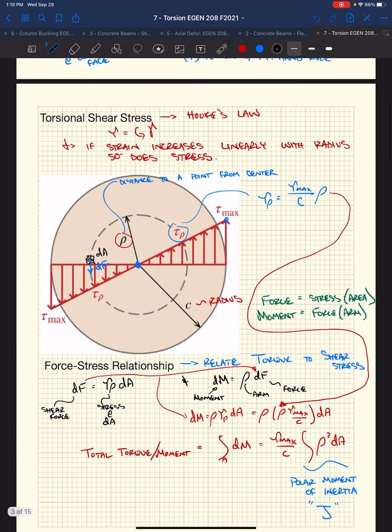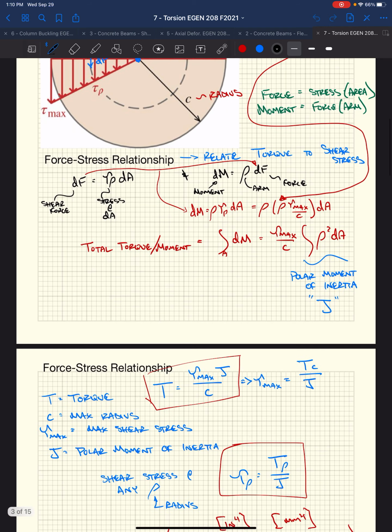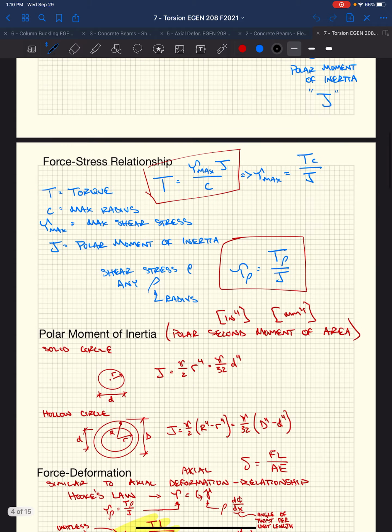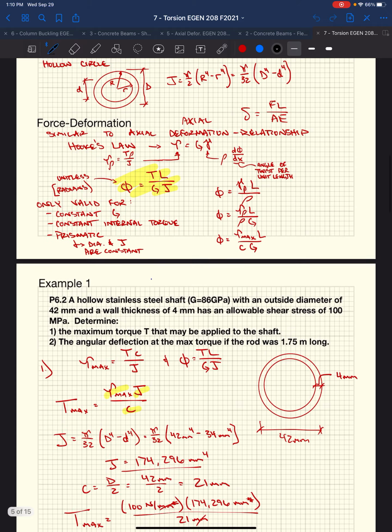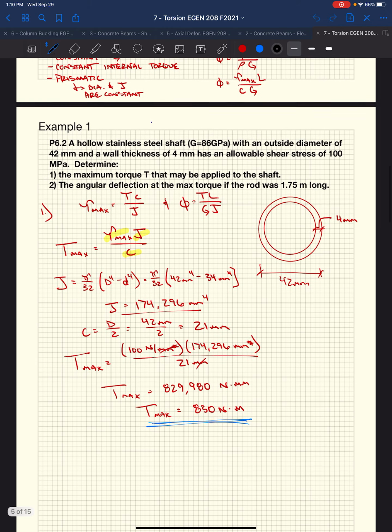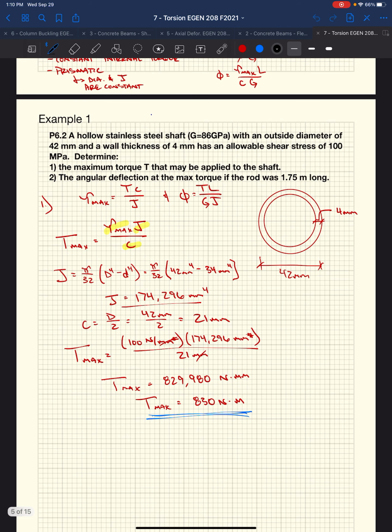We went through this very long derivation for shear stress in a shaft due to torsion. We're talking about long, slender members, circular or hollow in cross-section, so pipes or solid rods. In this example, we have a hollow stainless steel shaft or pipe. They gave us our outside diameter and the thickness of our walls.